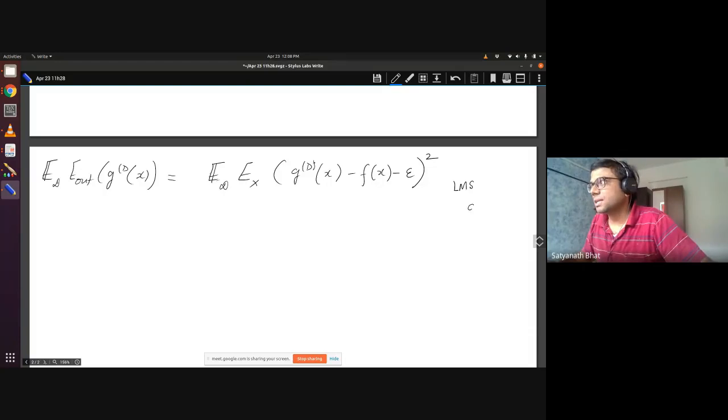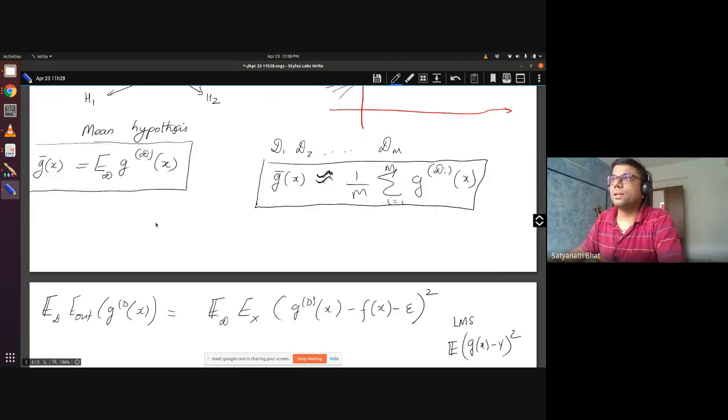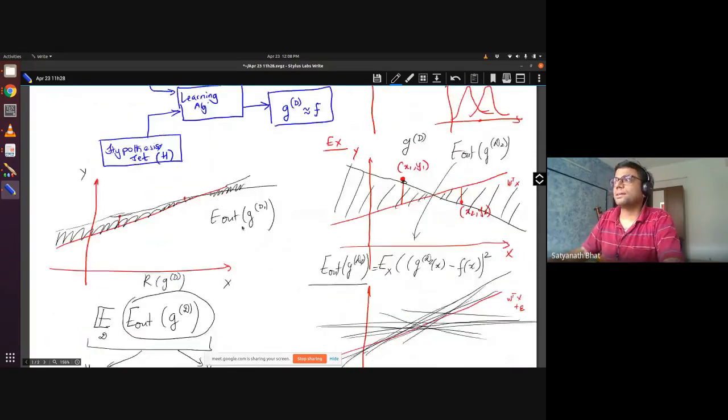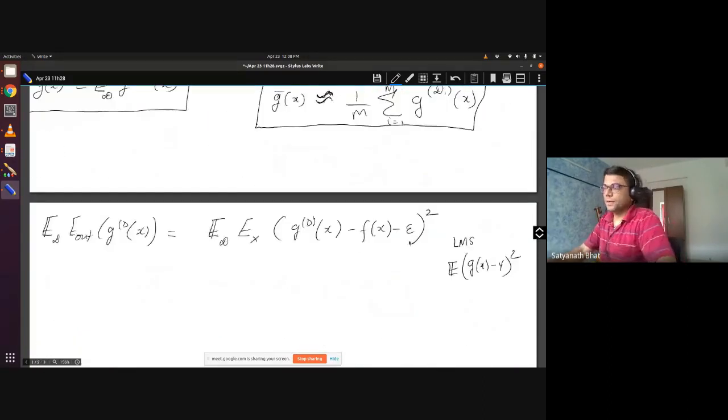So you can say expectation of G of X minus Y whole squared, right? So this is the least mean square. G is our model, Y is what we have got. Whereas Y itself, if you come back to our learning model, Y was equal to F of X plus epsilon, right? So in that way, there is an epsilon term as well.